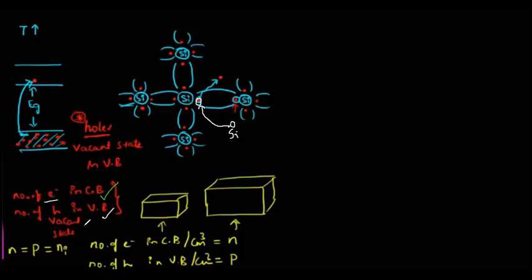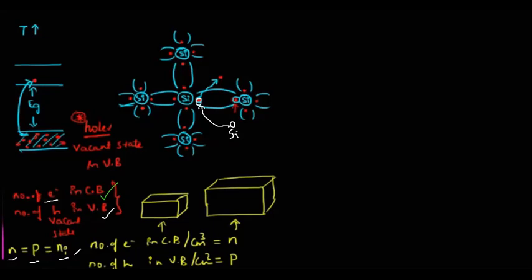Now we studied that the number of electrons in the conduction band is equal to the number of holes in the valence band, and this is equal to Ni, which is the number of intrinsic particles. I hope all of you know what the number of intrinsic particles is. Basically it is the number of charge carriers.